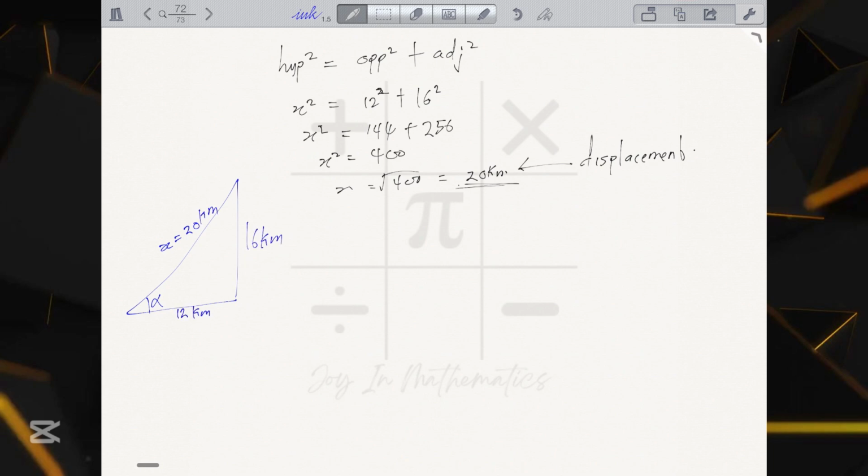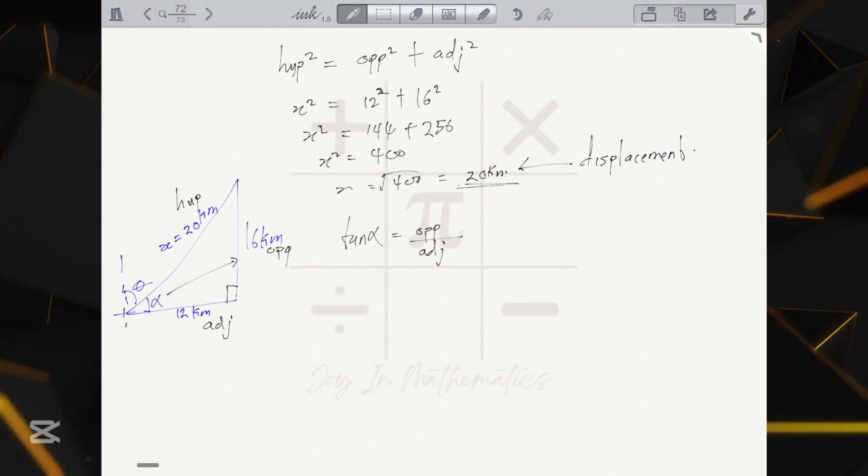But then we are looking for theta, which is the bearing. So this is the opposite, adjacent, and hypotenuse. Whichever way we want to find the angle, we can do it. So let's use tan equals opposite over adjacent, but it will be tan alpha because we are considering this angle in a right angle triangle.